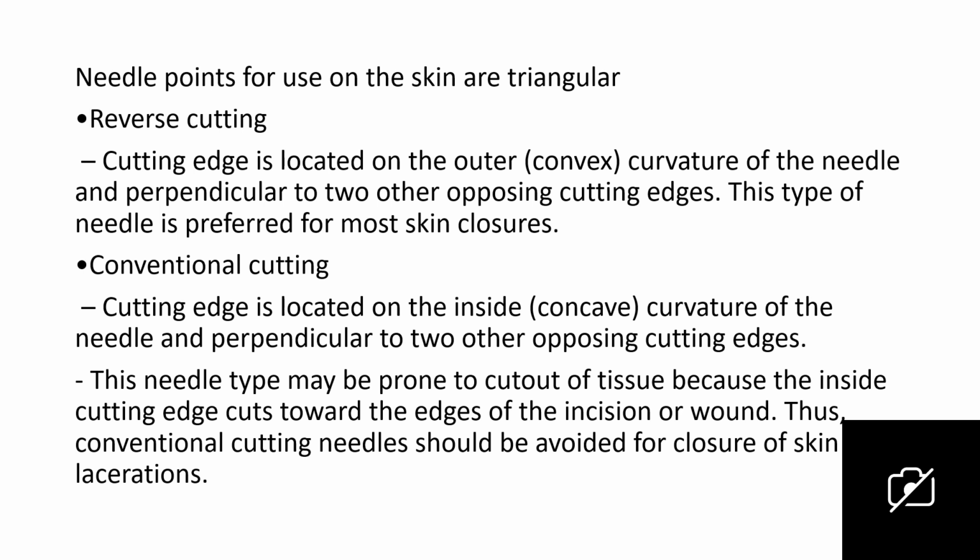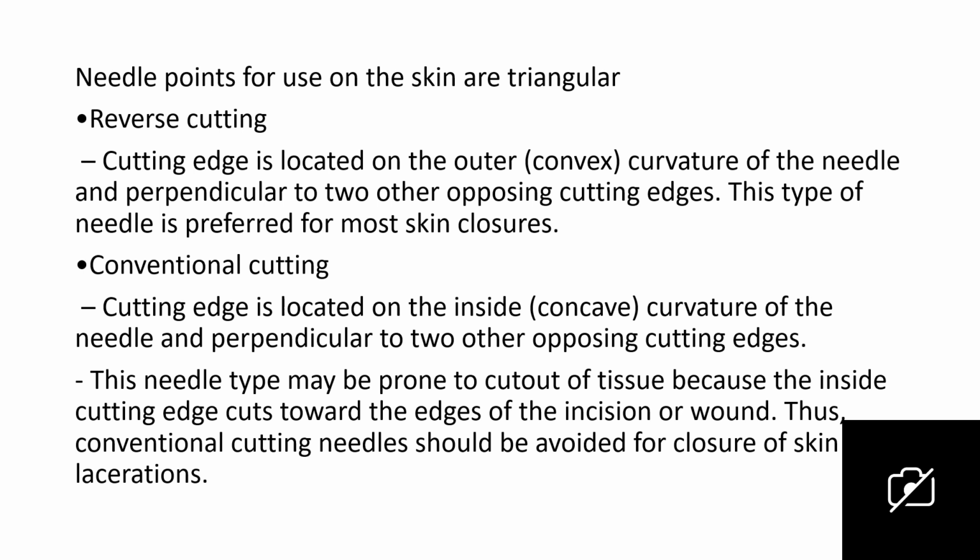Conventional cutting: the cutting edge is located on the inside concave curvature of the needle and is perpendicular to two other opposing cutting edges. This needle type may be prone to cutting out of the tissue because the inside cutting edge cuts through the edges of the incision or wound.